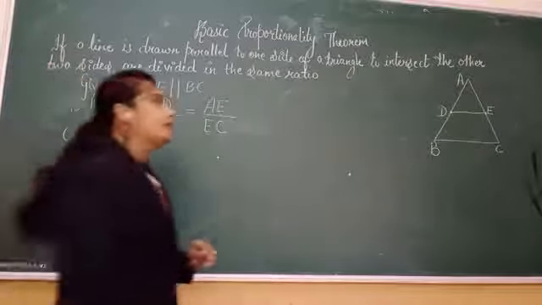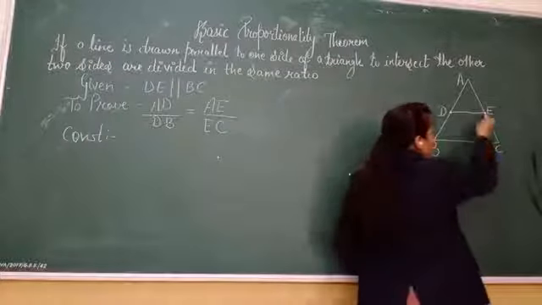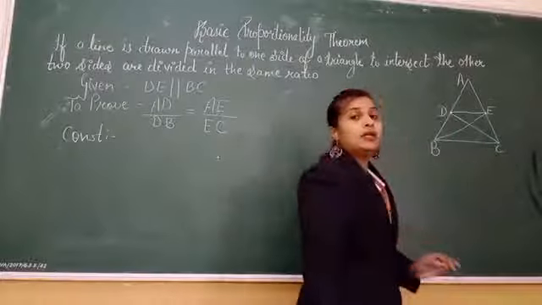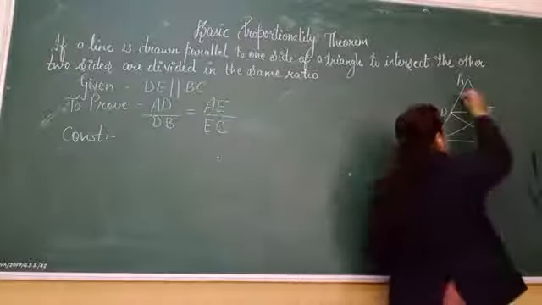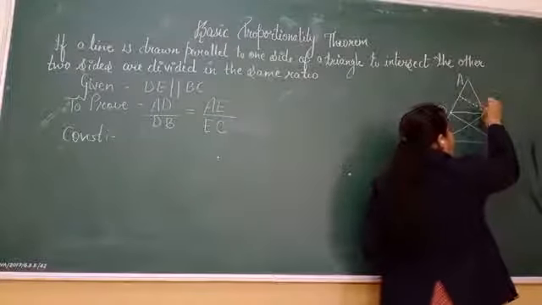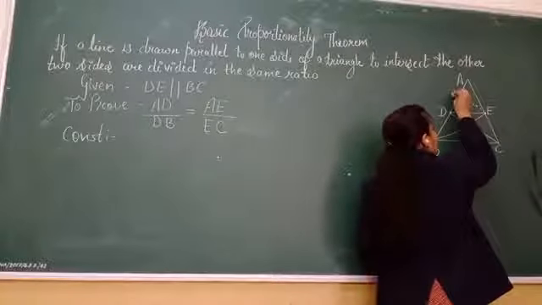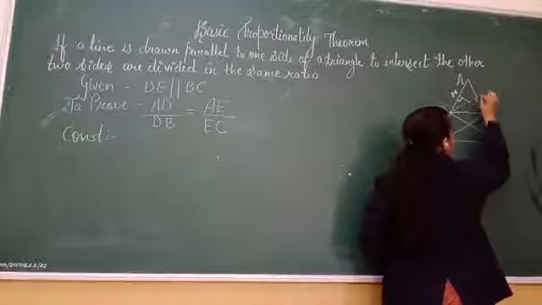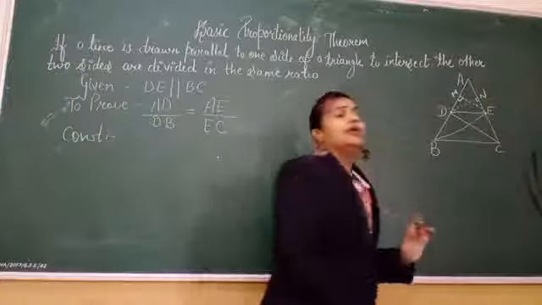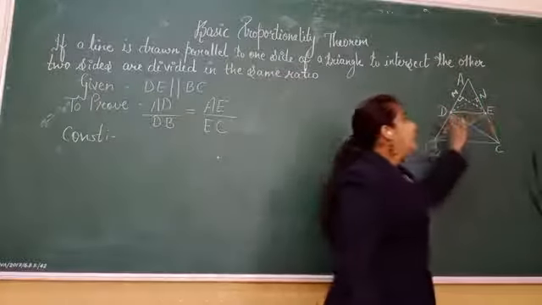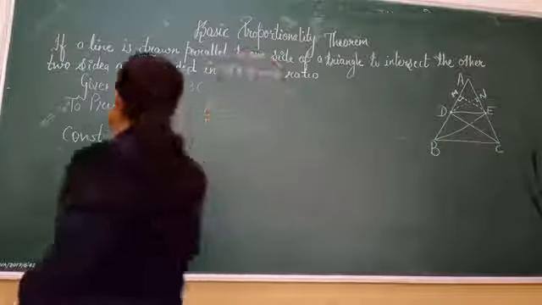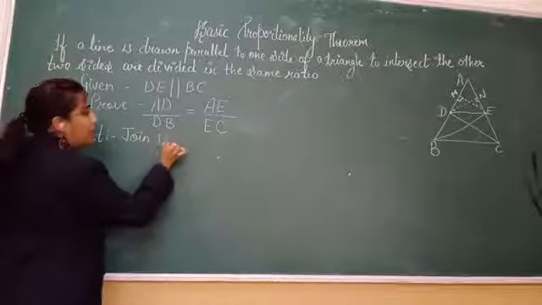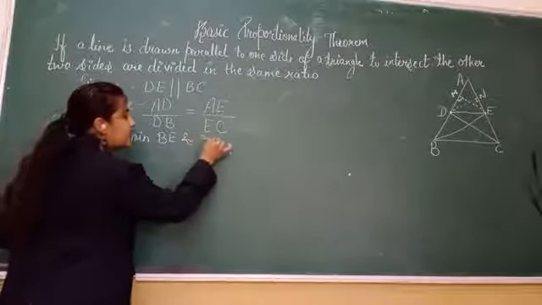What's the construction? Join BE and DC, also draw perpendiculars on AD and on AE from points E and D. What we have done in the construction is join BE and CD.